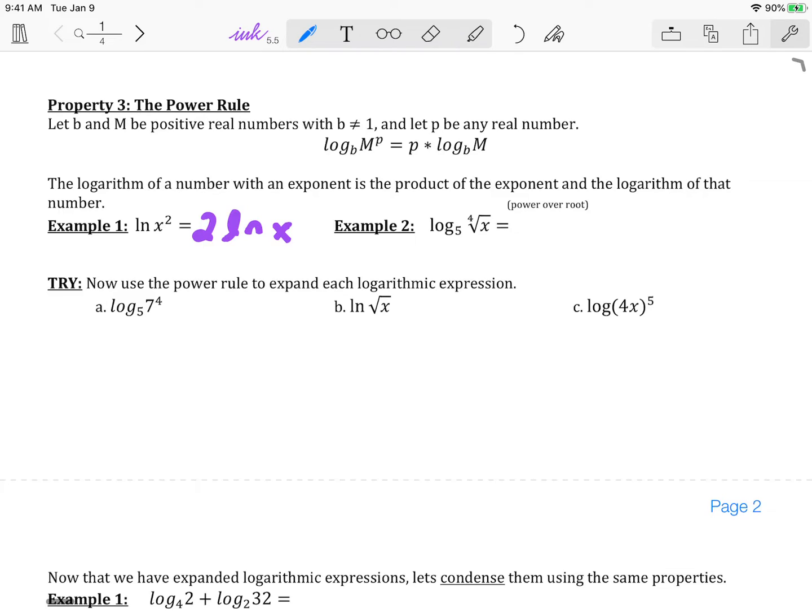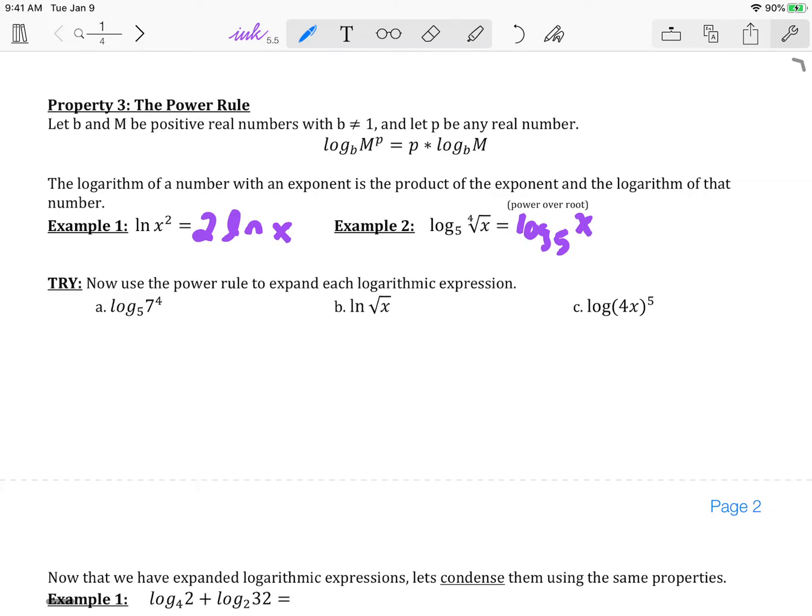Log base 5 of the fourth root of x is example 2. Well, the note I gave you, the clue was the power over the root. So let's rewrite this. Log base 5 of x. What's the exponent on the x right now? What's the power? A 1. What's the root? A 4.